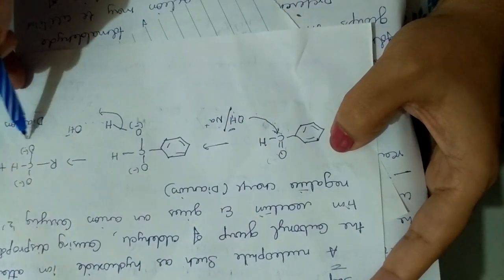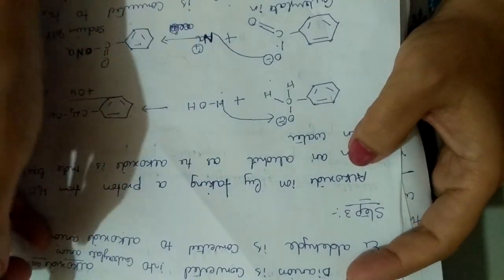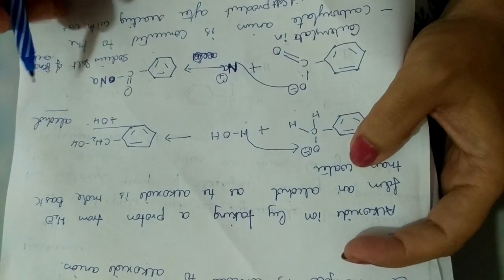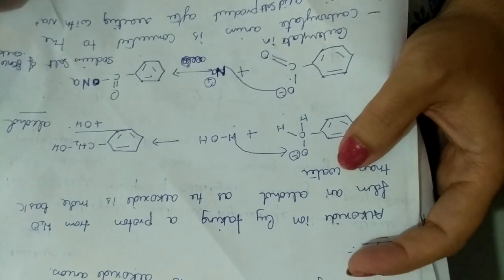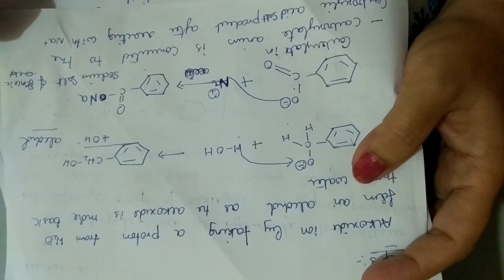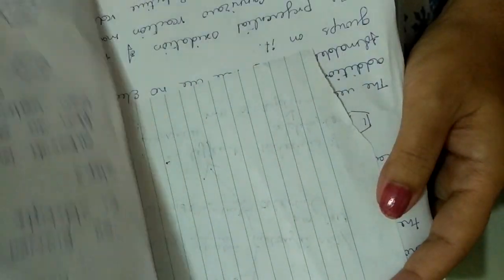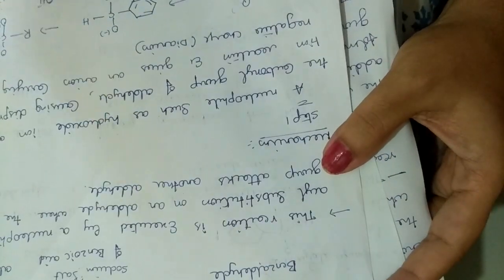The molecule which forms the dianion will obviously lead to the formation of a carboxylate anion, and the carboxylate anion will lead to the formation of the sodium salt of benzoic acid. That means the compound which forms the dianion, or which is easily attacked by the OH minus ions, will generally form carboxylic acids.